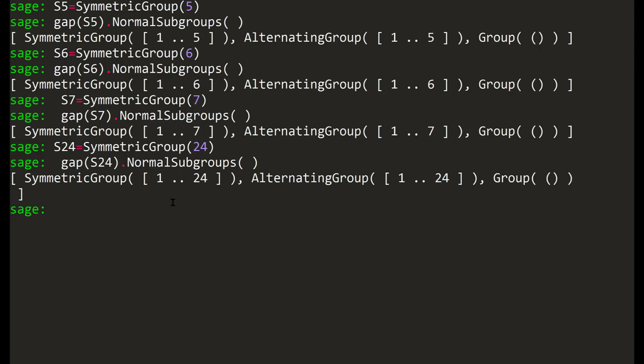So it appears that for n not equal to 4, with n from 3 onwards, this is all that we will get. We can discuss that later, because we are just looking at some examples and trying to make a conjecture, but that's not a proof.